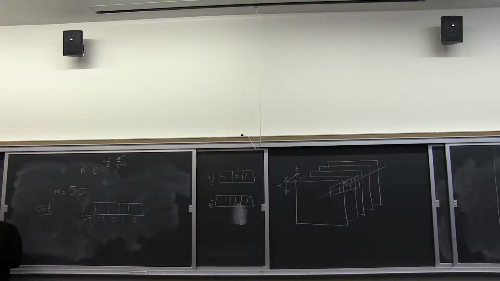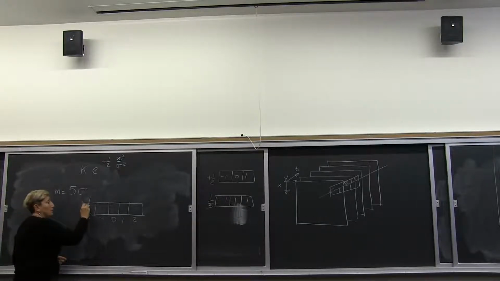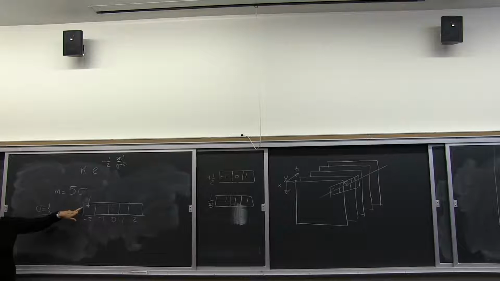Now, what do I put here? No, you're talking about applying it, but I'm saying I'm building my filter. So what number goes in my filter? The Gaussian value at that location, 2 frames before.